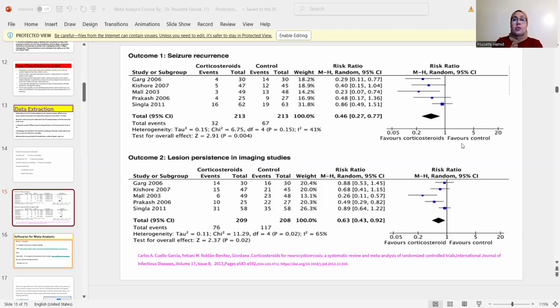Do you have any questions before I go? Yes, ma'am. Can the randomized withdrawal study be added in a meta-analysis? Yes, this is what I'm saying from the beginning. Randomized controlled trial is the only one that can be added. I'm asking about the randomized withdrawal study. What is the randomized withdrawal study?